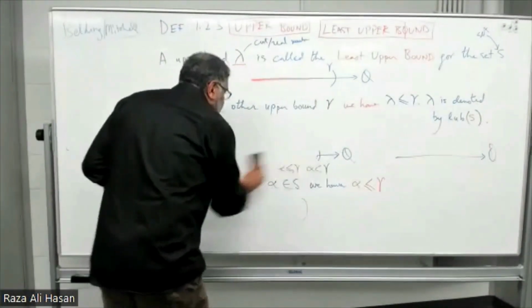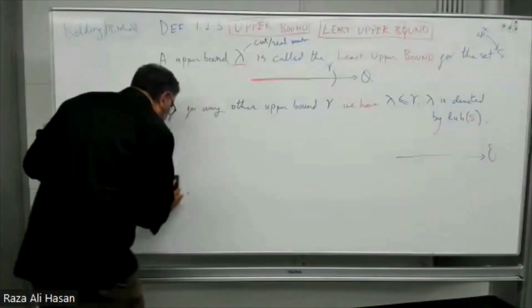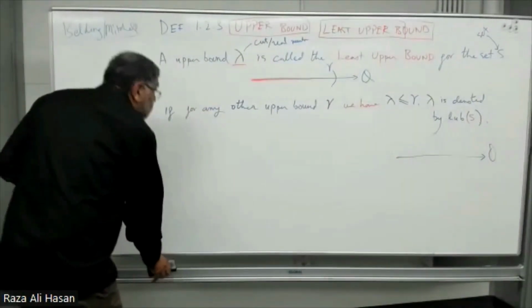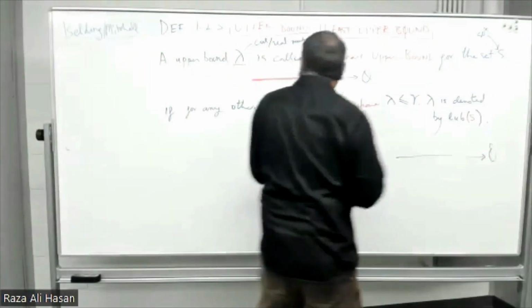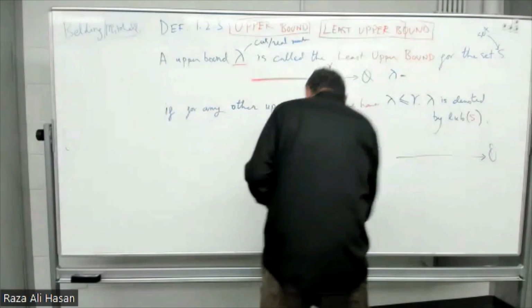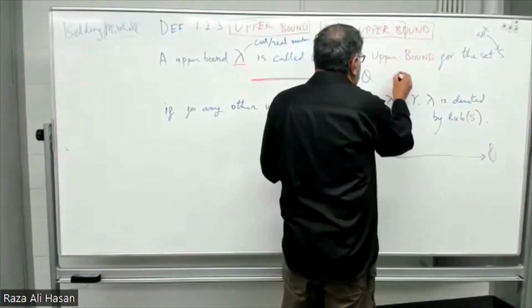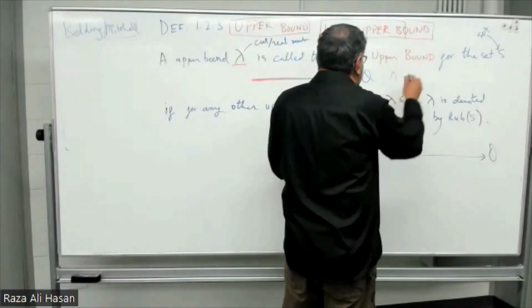And we're going to make the second picture down here. So this is the picture where lambda is less than gamma.